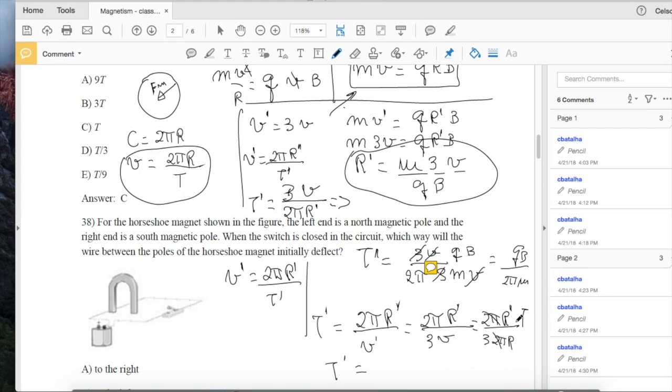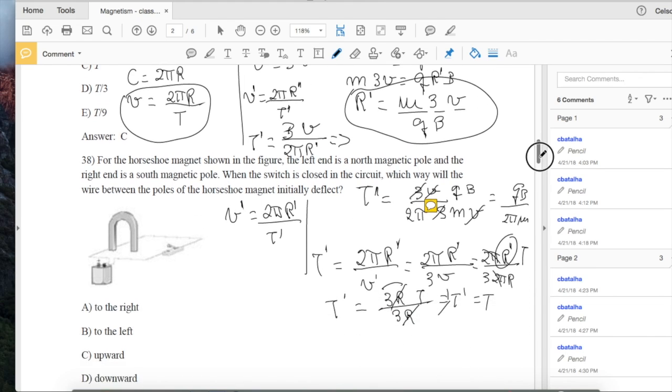Then the radius, as we saw, is 3 times the previous radius, so it's 3r divided by 3r. So this new radius is 3 times as big as the previous radius, and that's what I replace here. And then we find the time is the same. Time doesn't change.